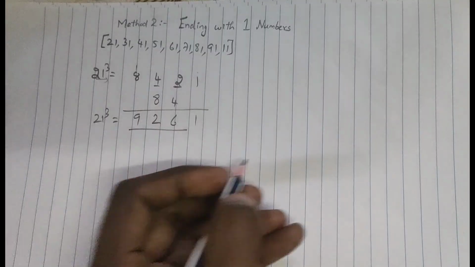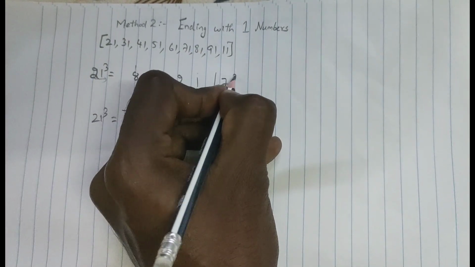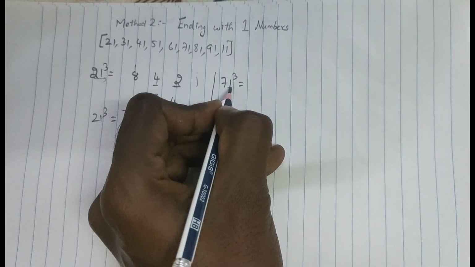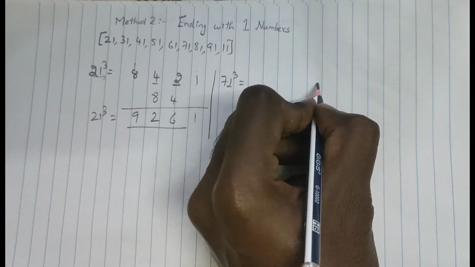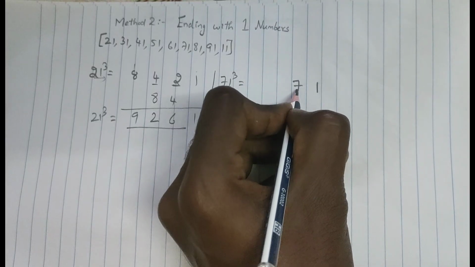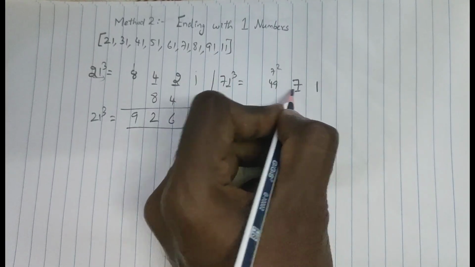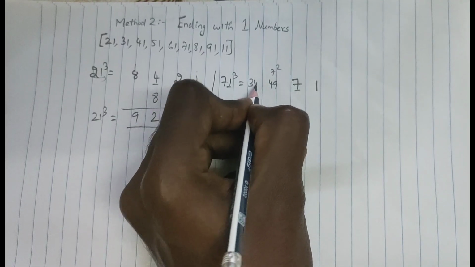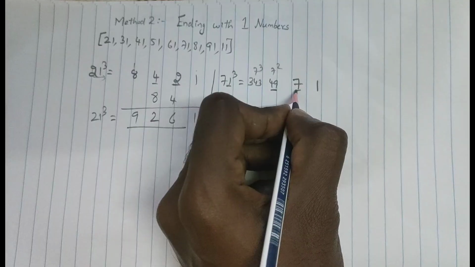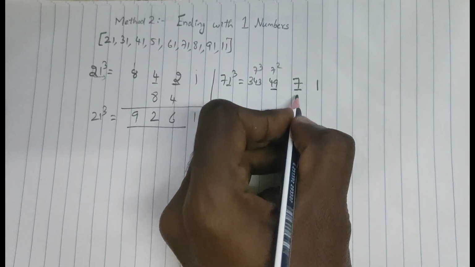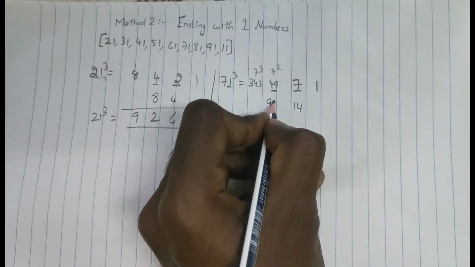We can take another example like 71 cube. Here the number is ending with 1, so I will start from the last side. 1, 7, the square of this number, 49, and the cube of this number, 343, 7 cubed. The second and third numbers we are going to double: 2 times 7 is 14, and 2 times 49 is 98.